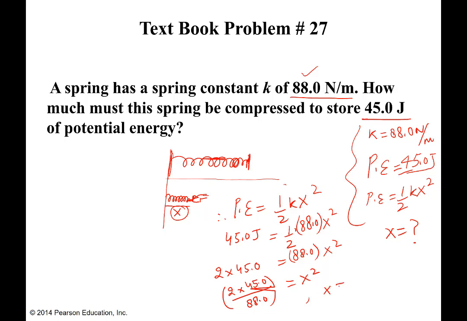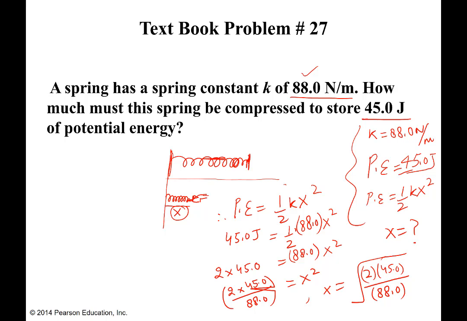So go ahead and find out your x. Your x will be the square root of 2 multiplied by 45.0 whole divided by 88.0. And once you solve this, you should be able to find that the value of x is 1.01 meters.